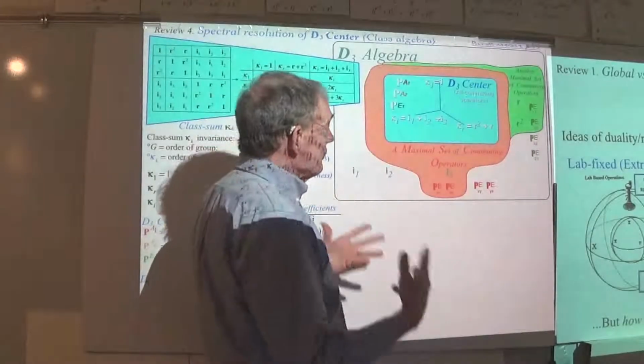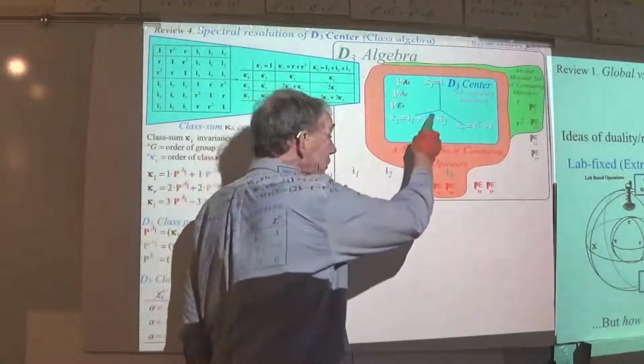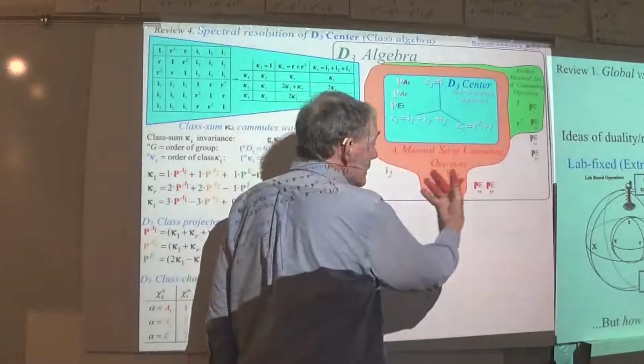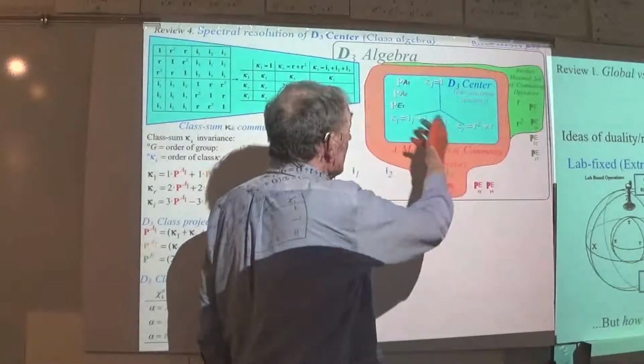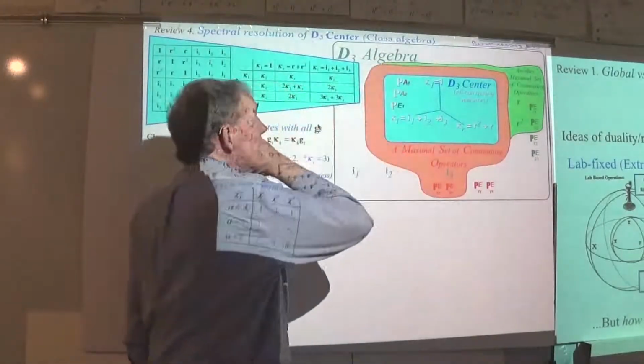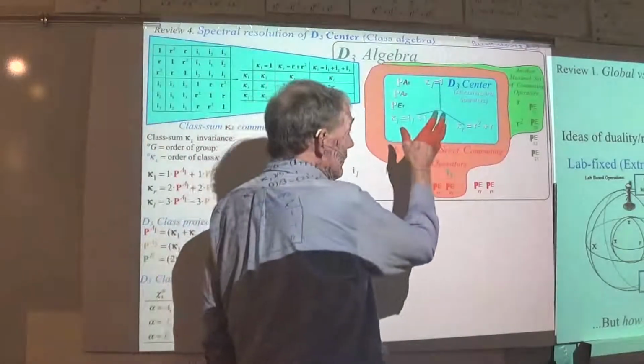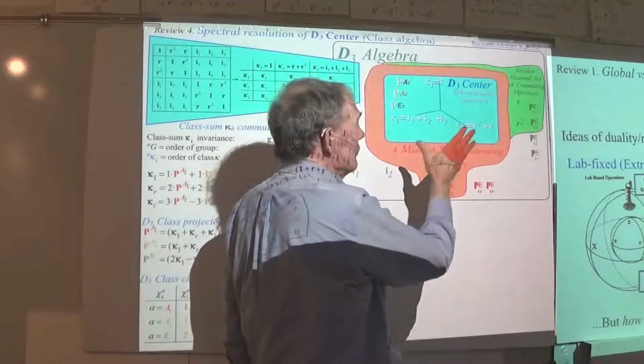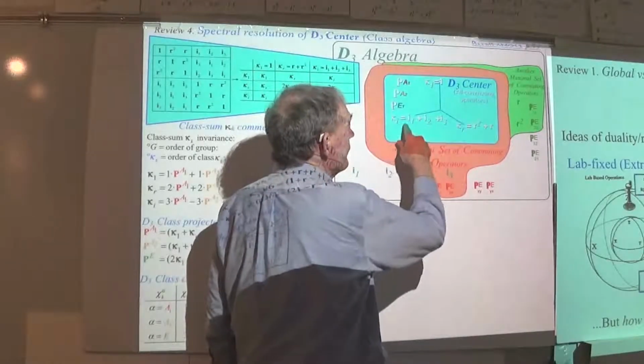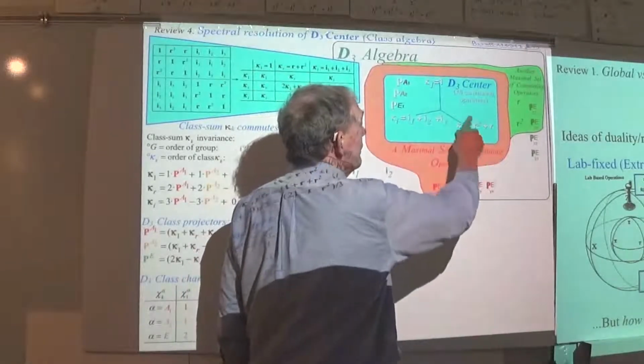For physicists, just quantum mechanics. And this is a 6-dimensional algebra. There are 6 elements in the D3 algebra, but the center is 3-dimensional. It takes up half of the algebra space and consists of sums of elements in each class.